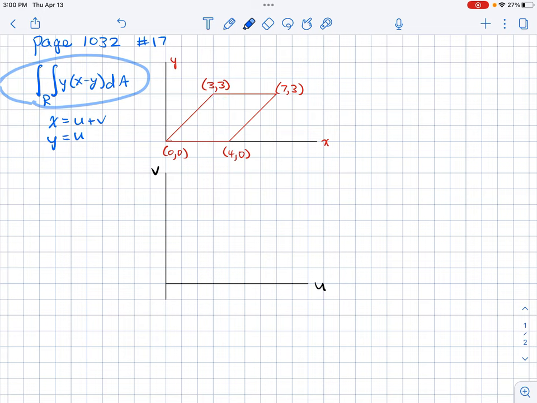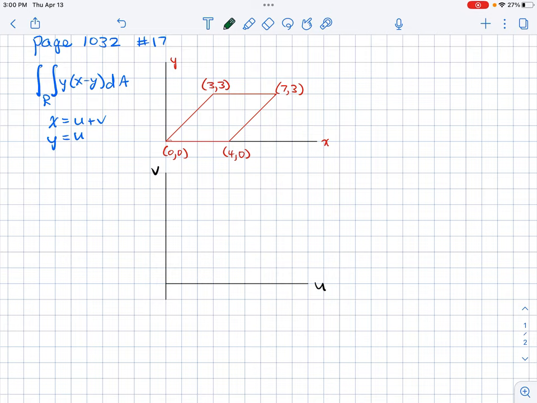And of course, what we want to do is convert this. We want to use this substitution to get a double integral that's no longer in terms of x and y, but in terms of u and v. So I want to find out what's going to be my corresponding region over which I integrate in the uv plane.